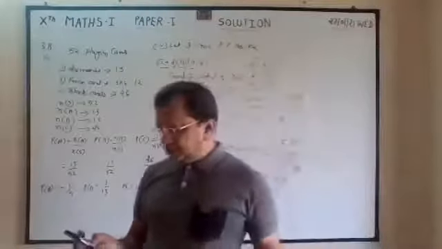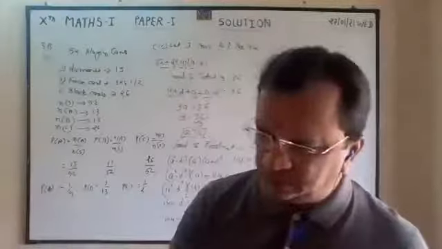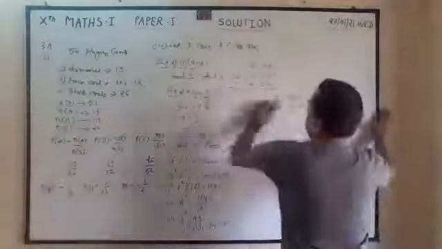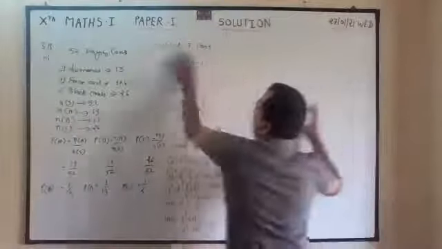The next question number 4a. In question number 4 there is no AB. Question number 4, first question.